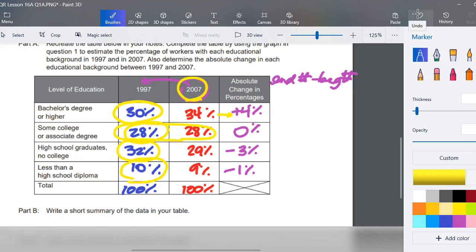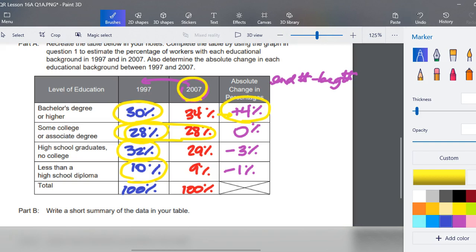There was no change. You could say the amount of high school graduates went down, as well as those with less than a high school diploma, and it can be accounted for here in students, members of our society, getting a bachelor's degree.